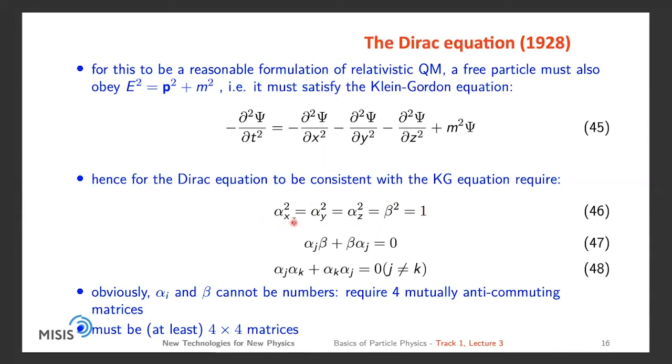Alpha x squared, alpha y squared, and alpha z squared should be equal to beta squared, equal to 1. And alpha and beta should anti-commute, as well as alphas of different directions also should anti-commute. Obviously, from here, alpha and beta cannot be numbers, and this equation requires 4 mutually anti-commuting matrices, and they must be at least 4 times 4 matrices.